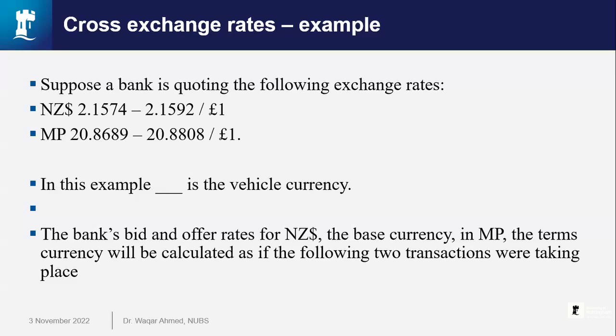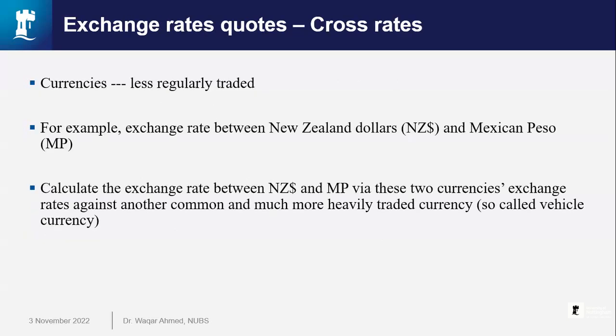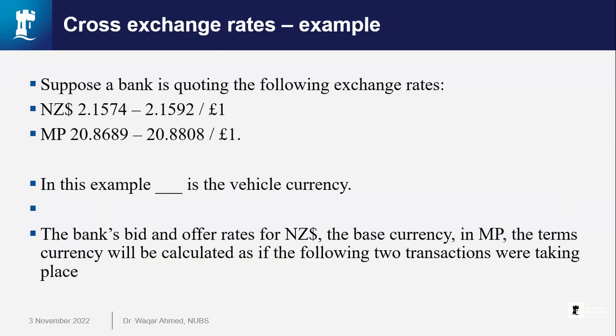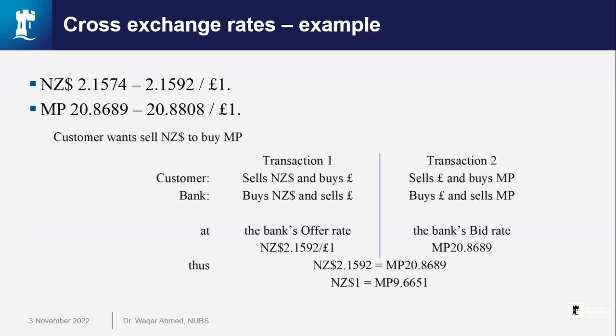If you want to convert New Zealand dollars into Mexican pesos, what will you do? You will first buy British pounds. You convert New Zealand dollars into pounds, and then with the pounds that you have, you will buy Mexican pesos. So the two transactions will take place.